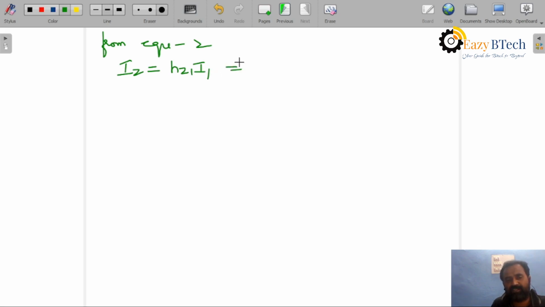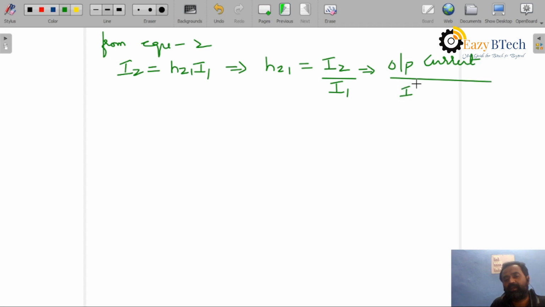Then we will write this equation as H21 is equal to I2 by I1, that is output current by input current. Now we will call this the gain.